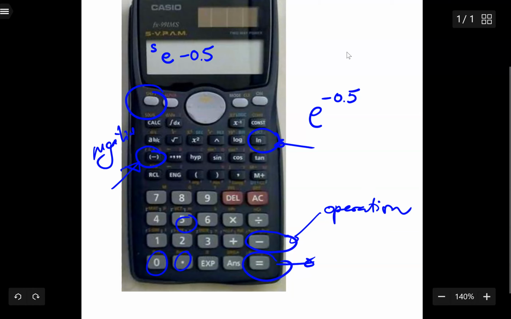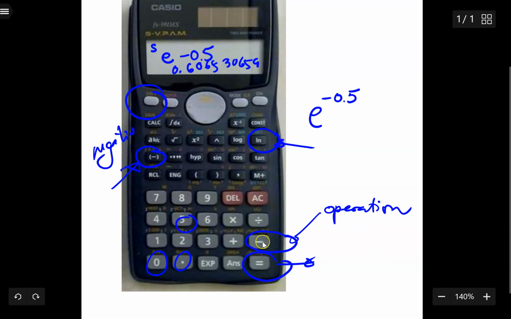So before, when I pressed this key as an operation, it gave me a syntax error. Now I'm going to press this negative sign key, and I press the equal sign, and I actually have the answer as 0.606530659.